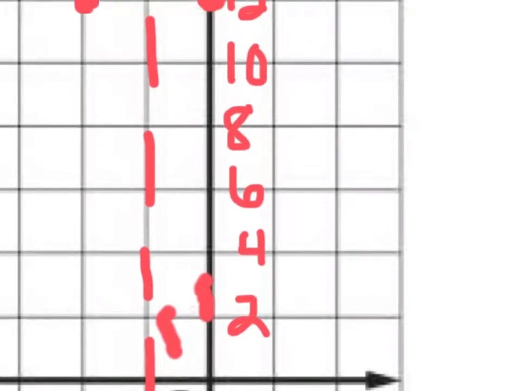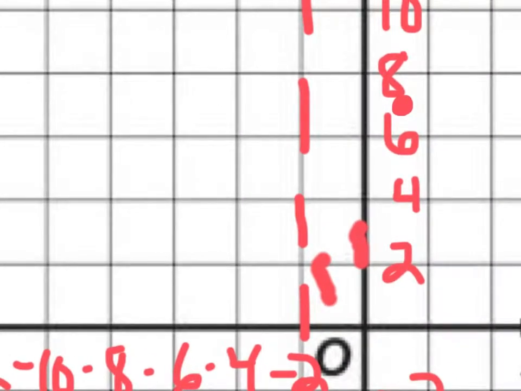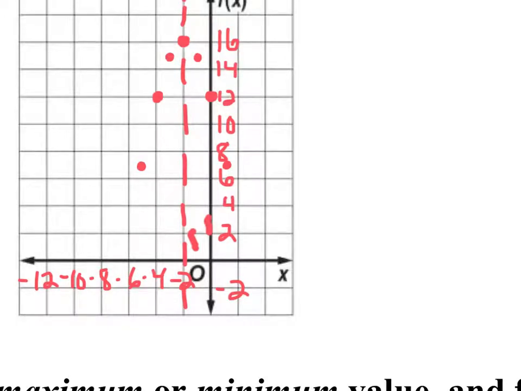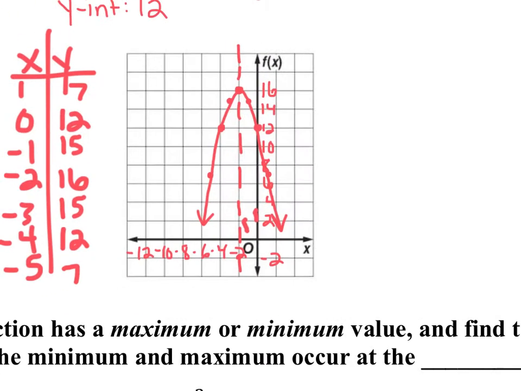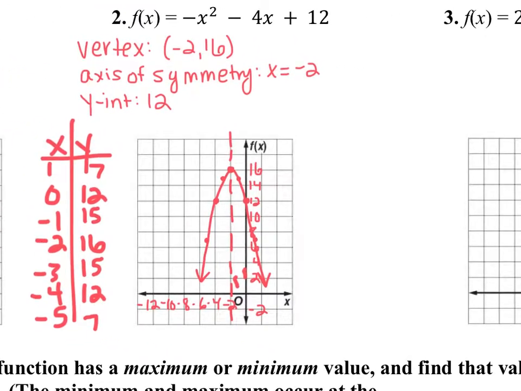So 1, 7 will be right here. And then negative 5, 7 will be right here. And then again we can draw the rest of our quadratic here, going through the points. And there's our nice quadratic with arrows. And remember, we expected it to open down because of the negative in front of the x squared.